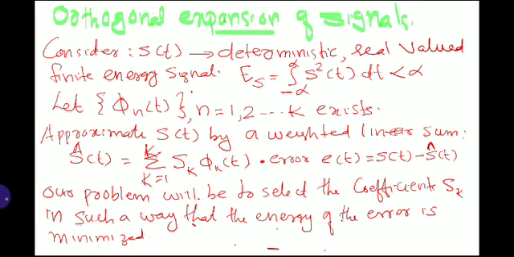Our problem will be to select the coefficients sk in such a way that the error is minimized. The error should be minimum. So in the case of signals, we can say that the energy of the error is minimum.